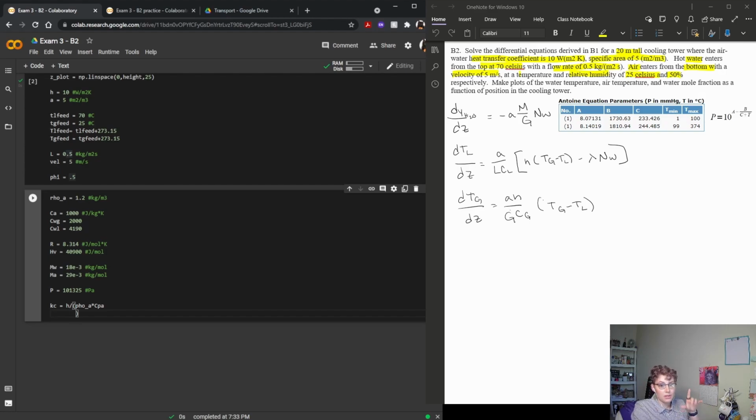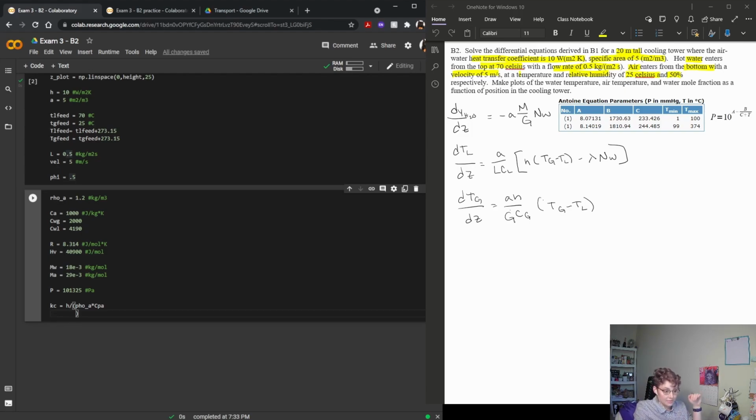If you recall, in part A2, we defined the relative humidity as the partial pressure of water in the system divided by the saturated partial pressure of the water at the given temperature. I also mentioned that the saturation partial pressure can be calculated using the Antoine equation.